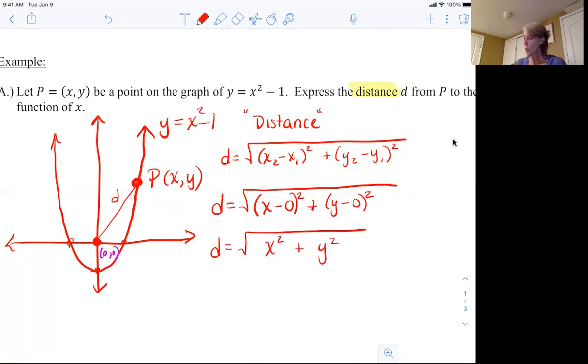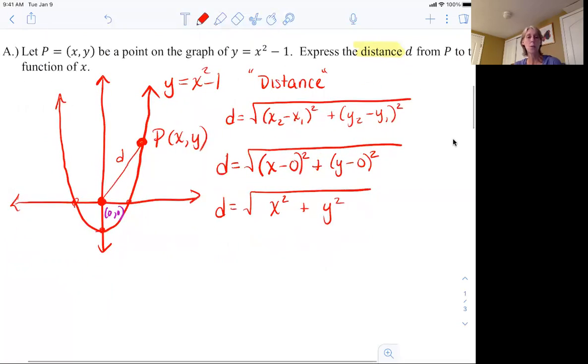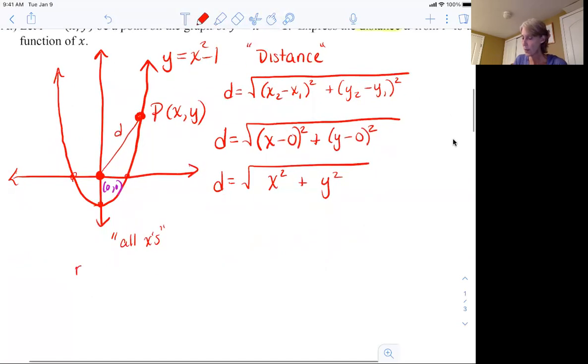Okay, now here's the hard part. When I read through this formula, it's d equals the square root of x squared plus y squared. I wanted to have all x's. That's our goal. We want to get all x's. So I have to think of a way, or basically we should think of it this way: what equation relates x and y?